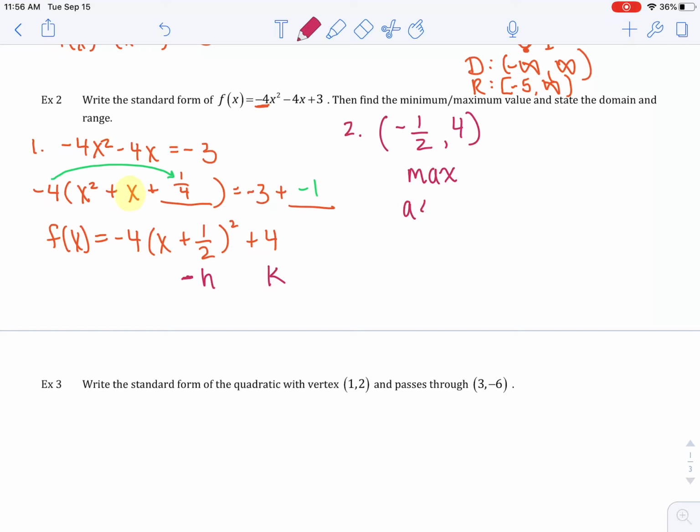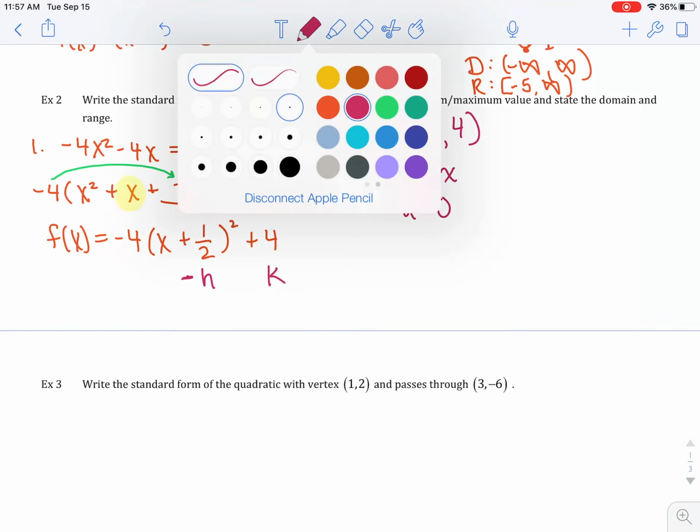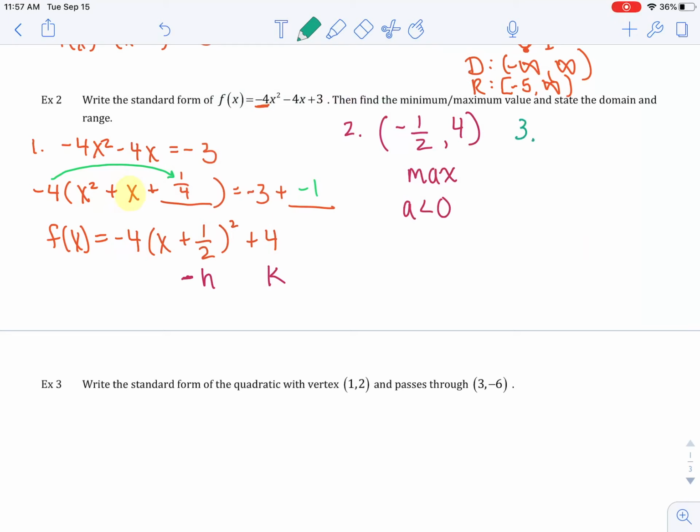So the a is less than 0, which means it's opening down, which means it has a max. Good. And then that takes us into step 3, domain and range. Domain stays the same, -infinity to +infinity. My range is opening down, so I take the -infinity and it's going to go to the highest point, which is the vertex, with a bracket, because it's actually hitting at that point.